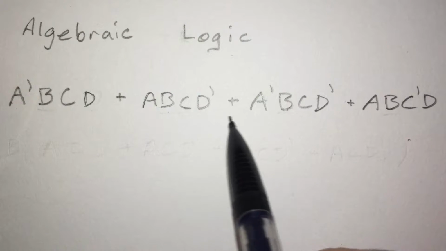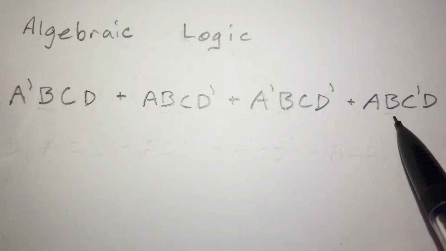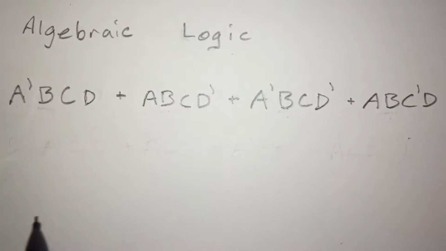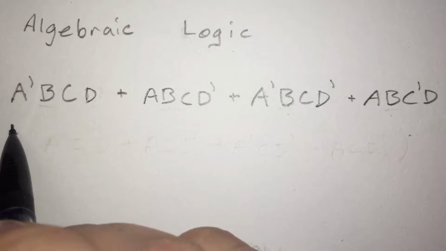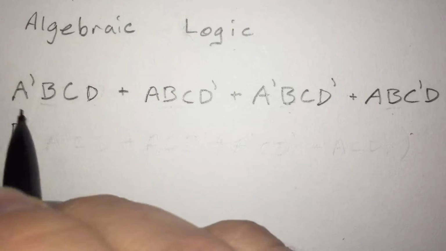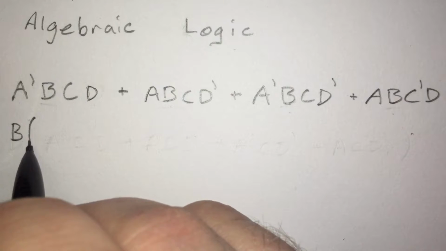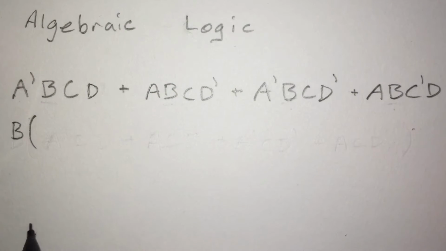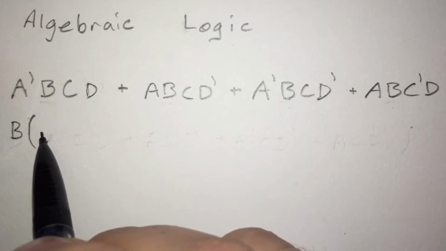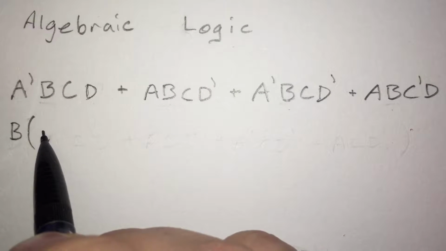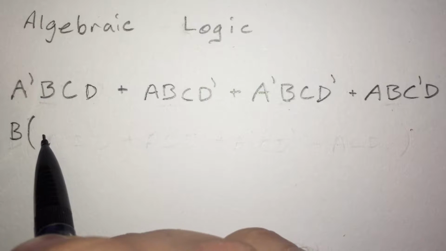And right here, that is B. It's in everything. So we can pull B out, and this is exactly the same as regular algebra whenever you are pulling out a variable that's well distributed across every term.